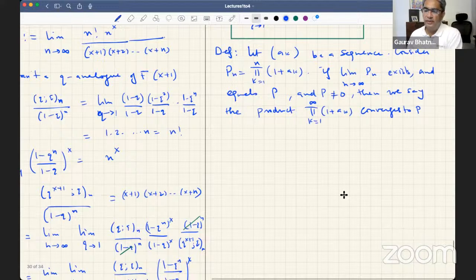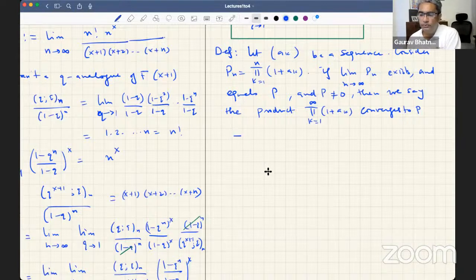So this P not equal to 0 is an interesting new thing, and the reason why we remove P equal to 0 will become quickly very clear.